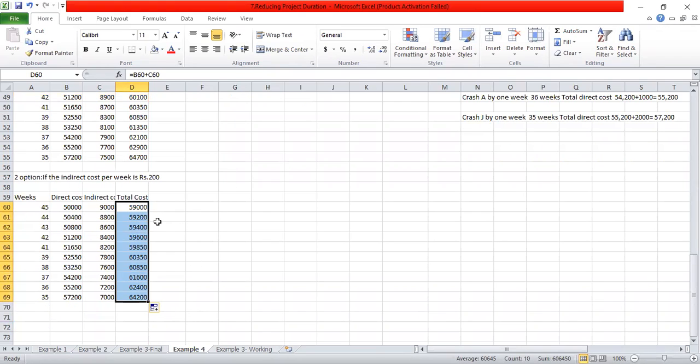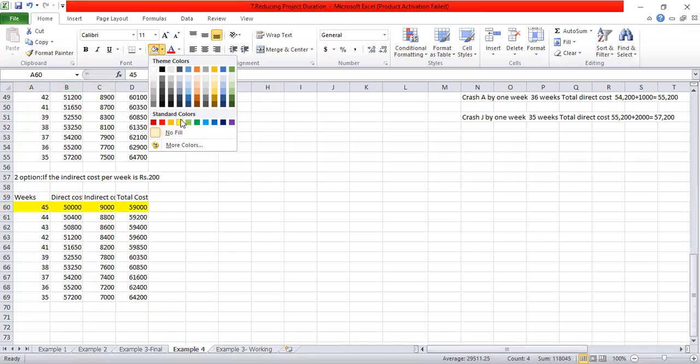So which week has the optimum project duration? Where is the optimum project duration here, dear? 45 weeks has the optimum project duration here also, right?